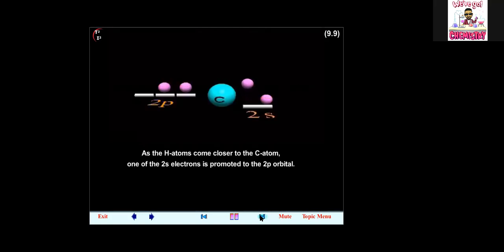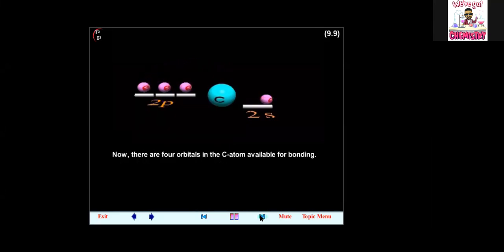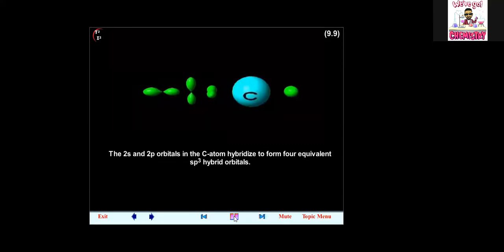As the hydrogen atoms come closer to the carbon atom, 1 of the 2s electrons is promoted to the 2p orbital. Now, there are 4 orbitals in the carbon atom available for bonding. The 2s and 2p orbitals in the carbon atom hybridize to form 4 equivalent sp3 hybrid orbitals.